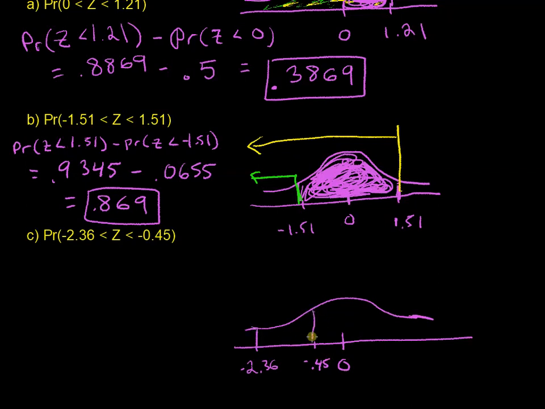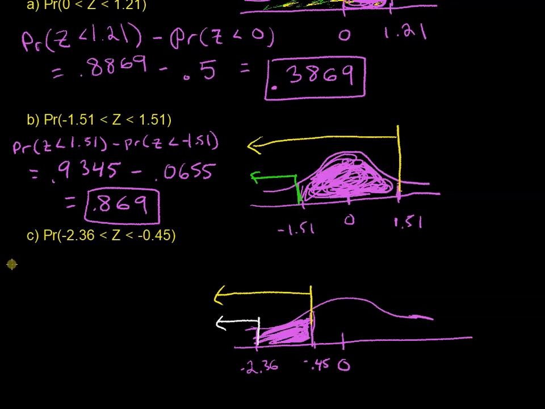Okay, so I'm trying to find this area. So I'm going to use the exact same trick. I'm going to first find the probability that z is less than negative 0.45, and then subtract off the probability that z is less than negative 2.36.